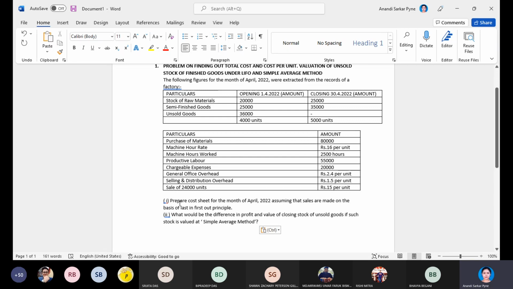Also, what would be the difference in profit and the value of closing stock of unsold goods if such stock is valued at simple average method? So we will do these two different types in a single problem only.